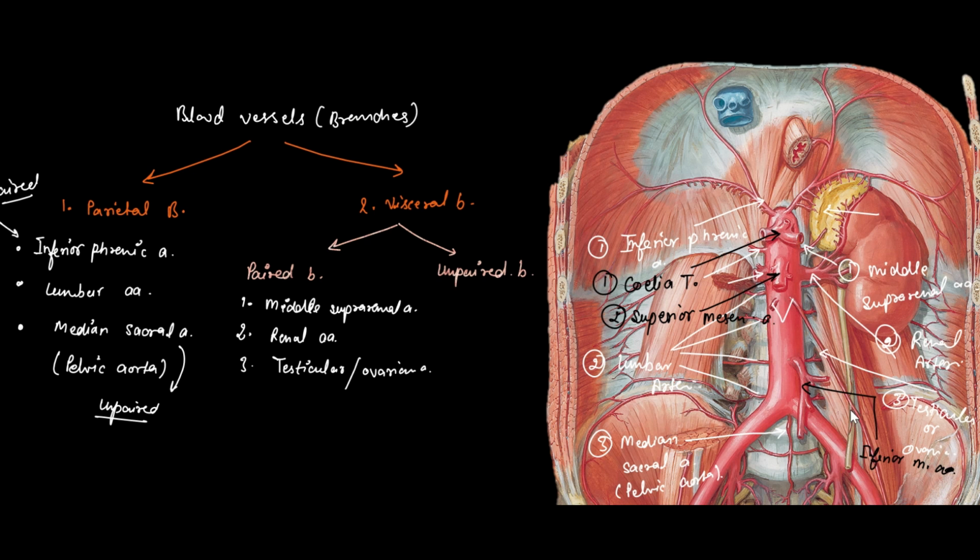So these are the three unpaired branches which originating from the abdominal aorta. So we saw the first one is the celiac trunk, the second one is the superior mesenteric artery, and the third one was the inferior mesenteric artery. These are the blood vessels which are originating from the abdominal aorta.